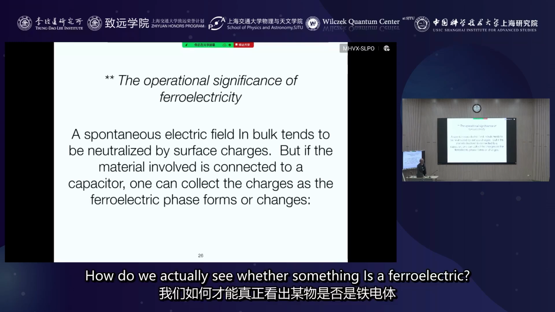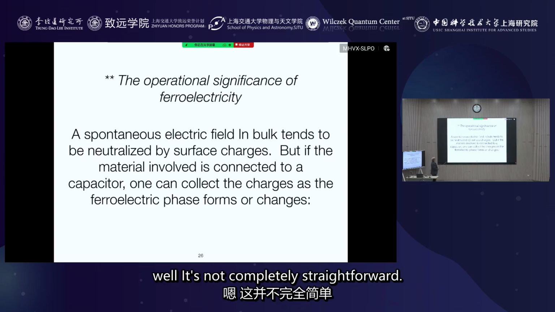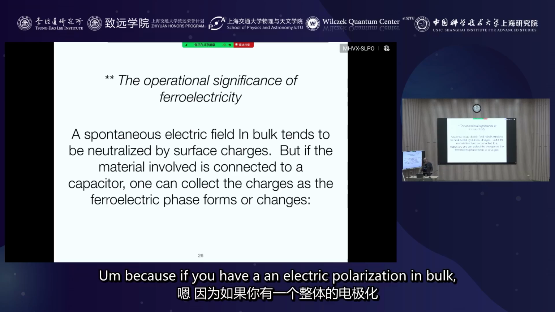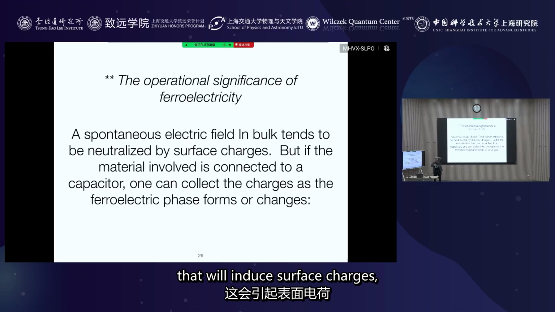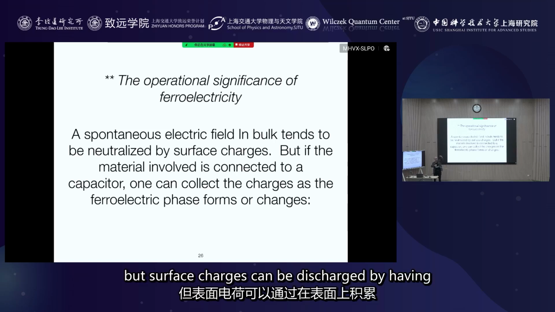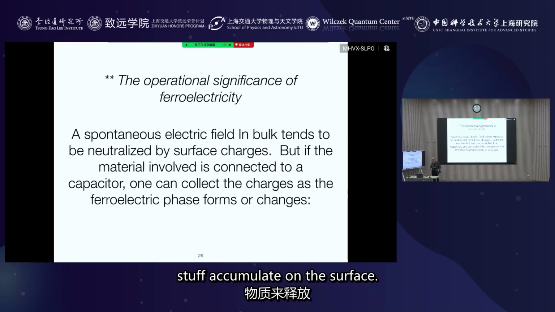How do we actually see whether something is a ferroelectric? Well, it's not completely straightforward, because if you have an electric polarization in bulk, that will induce surface charges, but surface charges can be discharged by having stuff accumulate on the surface, and that's energetically favorable.